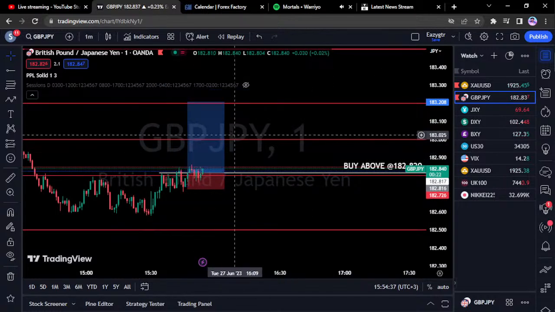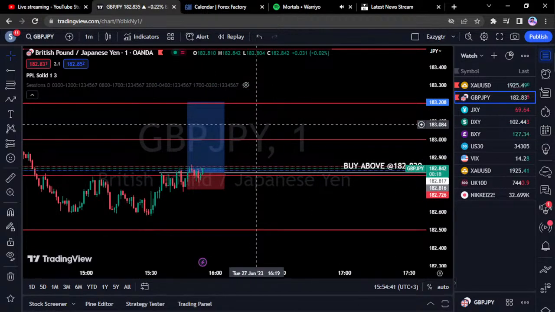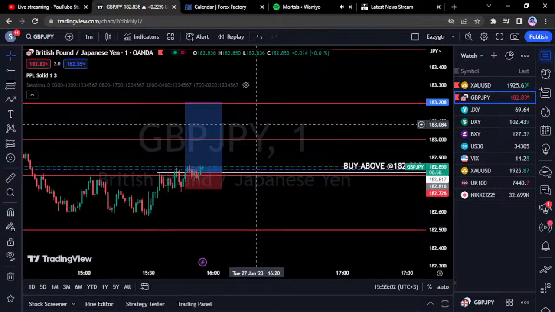So depending on how this GJ trade will go, we're looking to close at least 2 days into the week. We're already up 160 pips. I think that's a realistic approach to how you would trade.